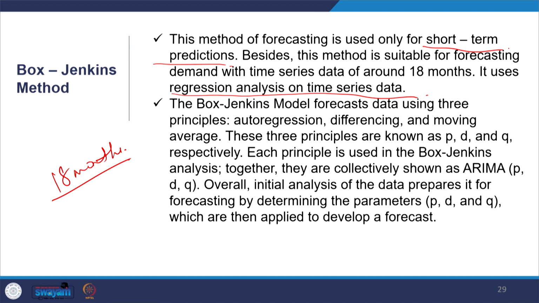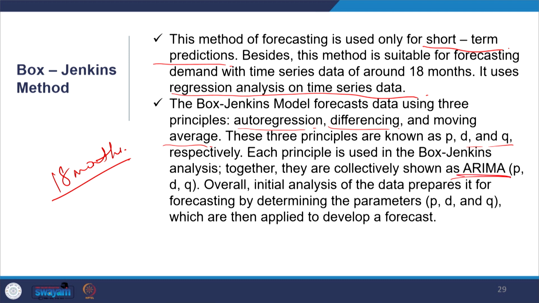Time series data, you must know, is where we collect data from different time periods for a particular group of respondents, like panel data. The Box-Jenkins method forecasts data using three principles: auto regression, differencing and moving average. These principles are known as P, D and Q, and collectively this method is called ARIMA.